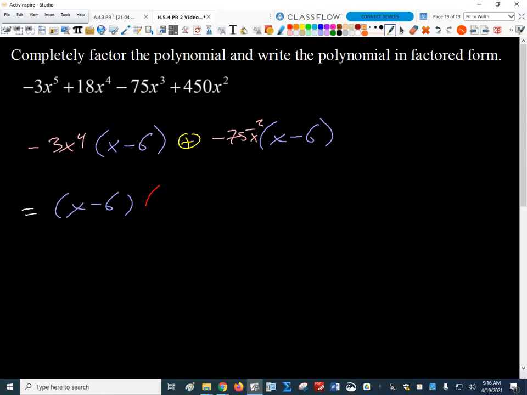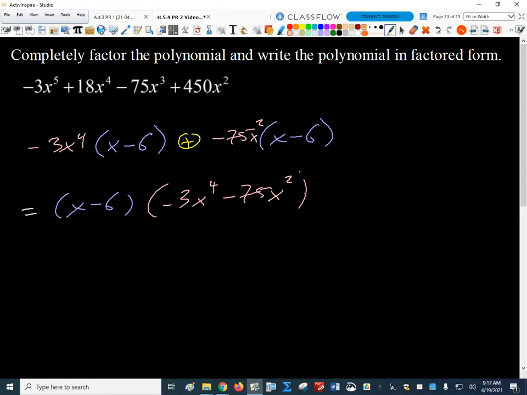And then we're left behind with -3x to the fourth minus 75x squared. And so what did we forget to do initially on this one? We can still do it.